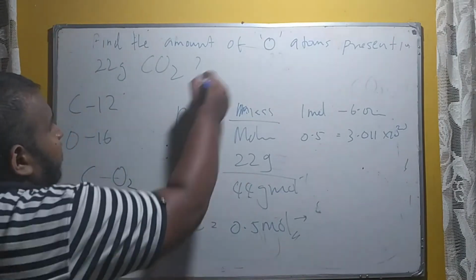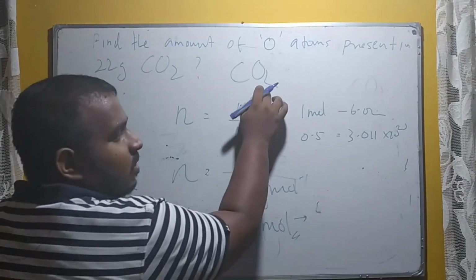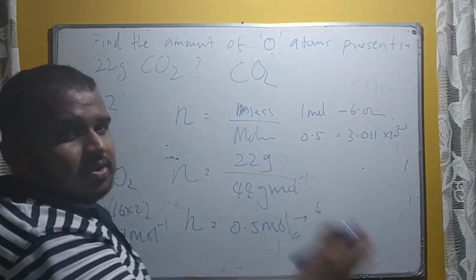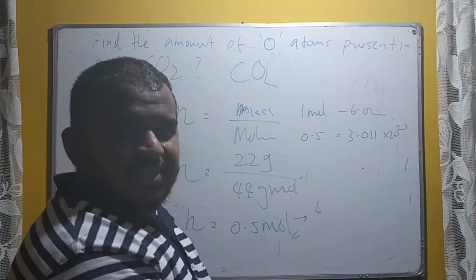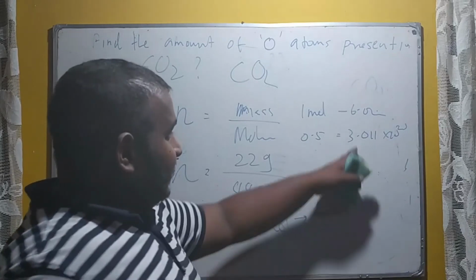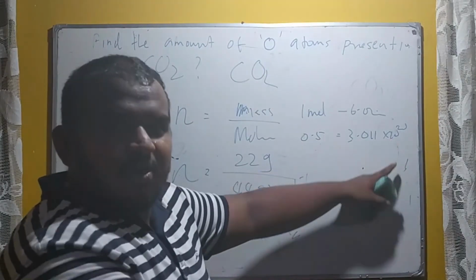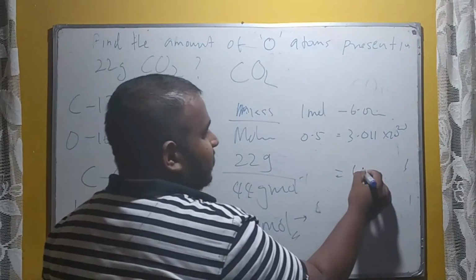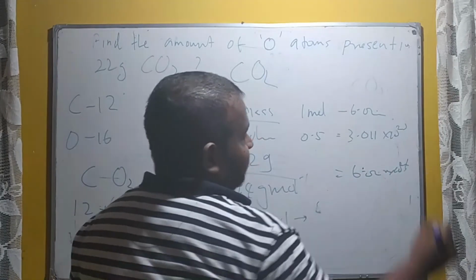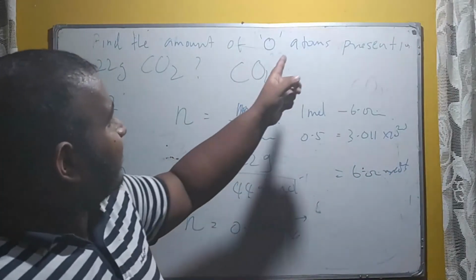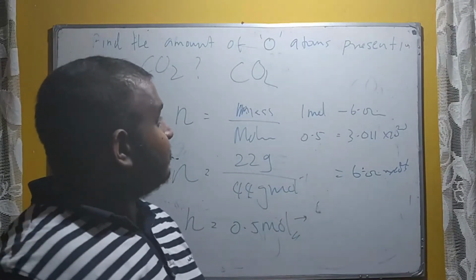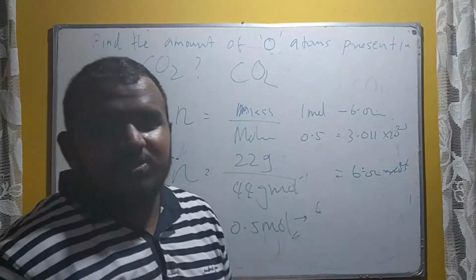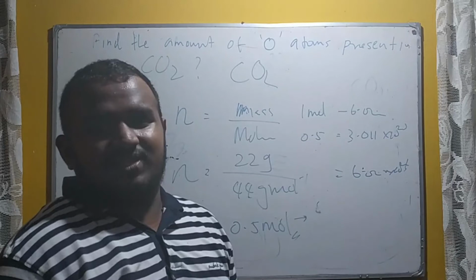In 1 carbon dioxide there are 2 oxygens. So in 10 there are 20, in 20 there are 40. Therefore in 3.011 times 10 to the power of 23 there is double of it, that is 6.022 times 10 to the power of 23. So they asked how many oxygens are present, and the answer is 6.022 times 10 to the power of 23.